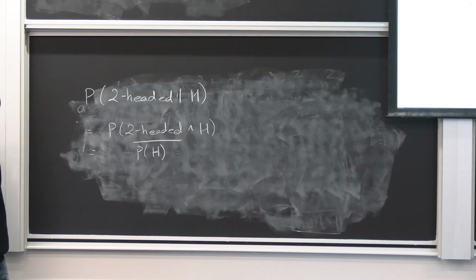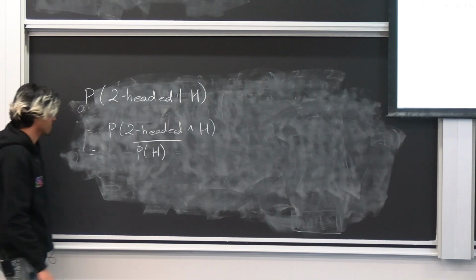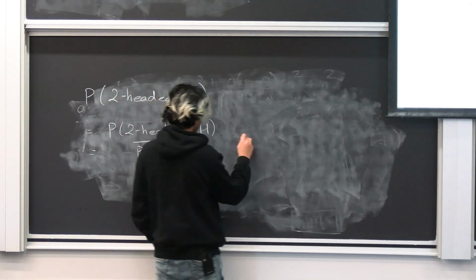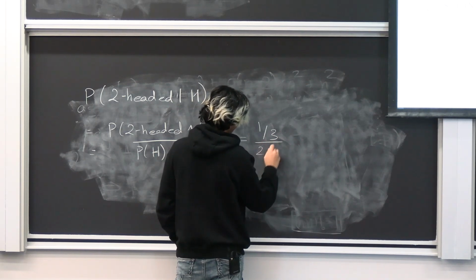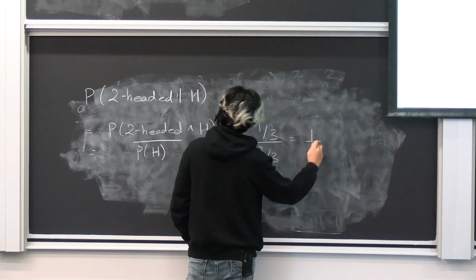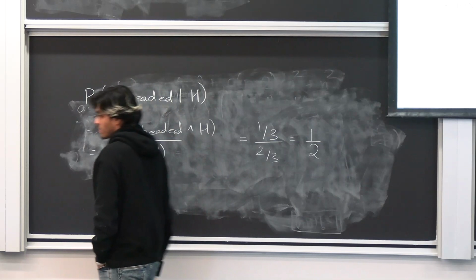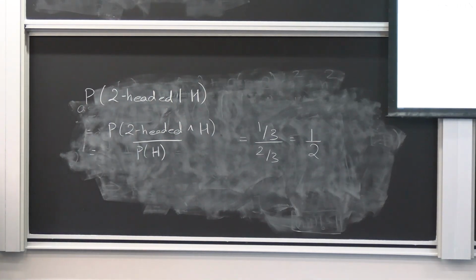So that's 1/3 upon 2/3, which should give you half. Does this make sense? Yeah?